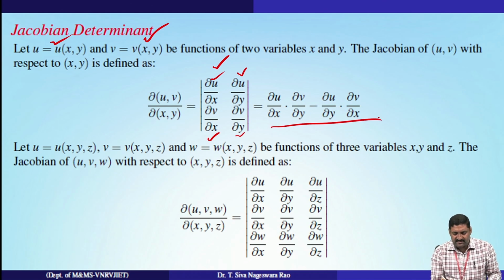Therefore, the answer is dou u by dou x into dou v by dou y minus dou u by dou y into dou v by dou x. This is how we will find the Jacobian of the given two functions involving two independent variables x comma y.